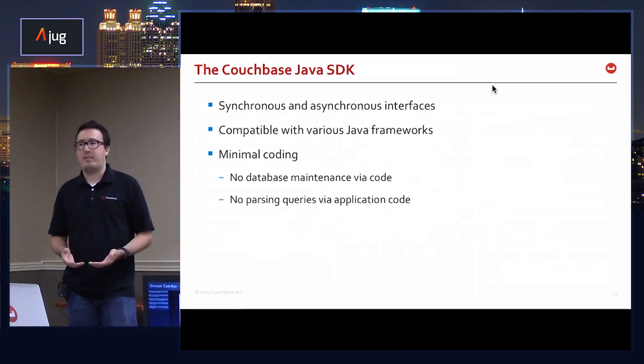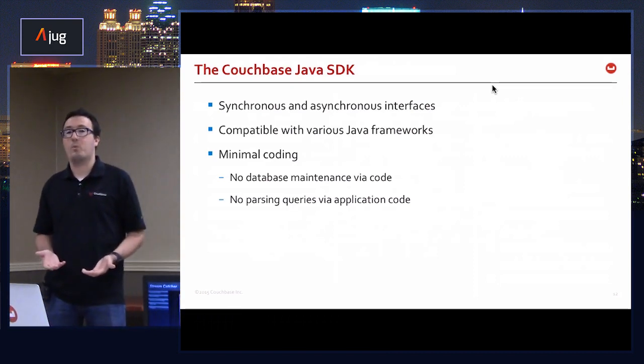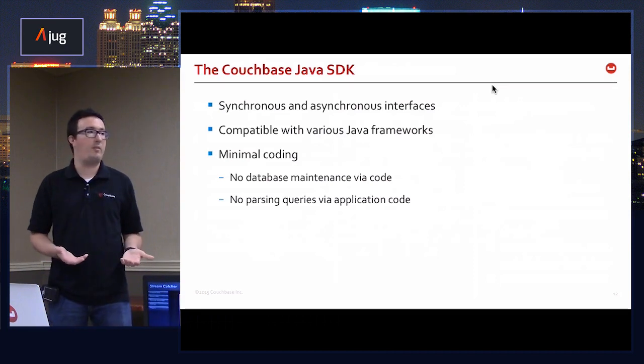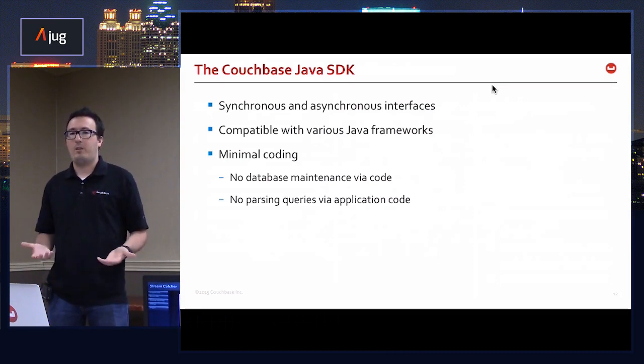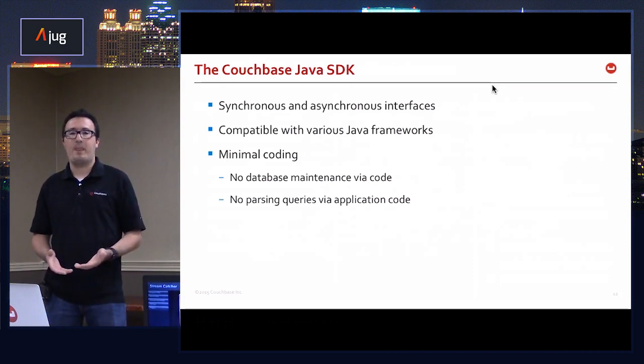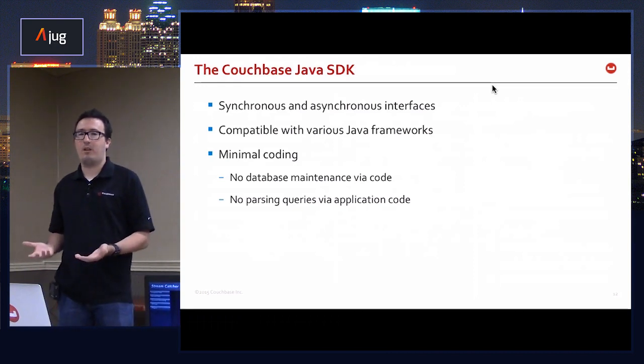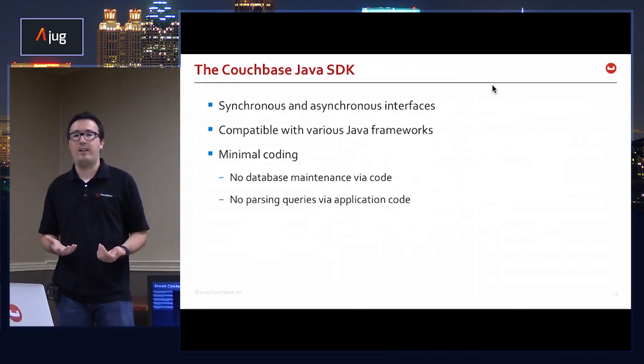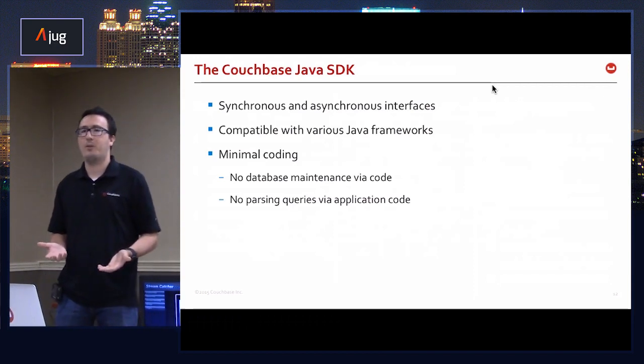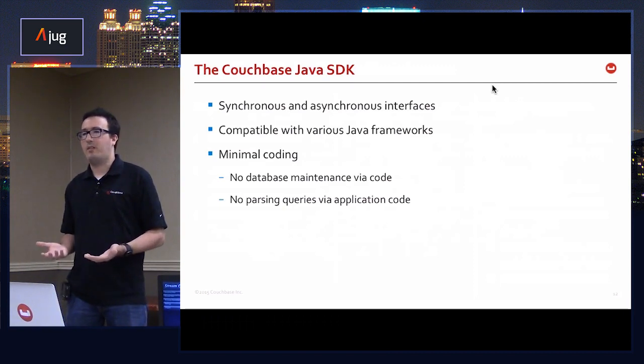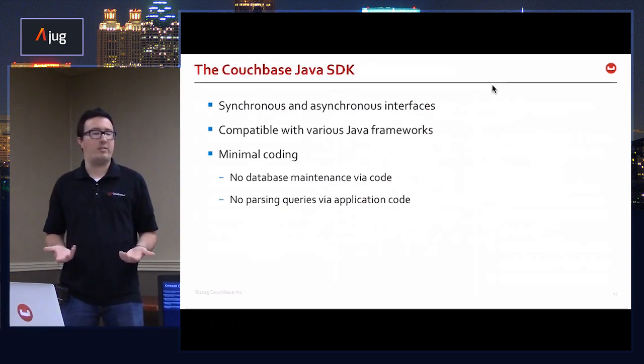The other aspect is there's no parsing your queries application side. I mean, you could if you wanted to, but you could run this SQL-like query, have the server parse all of this data, and return back exactly what you want, which reduces your application code. Nothing new for people who work with a relational database, but if you've ever worked with Mongo and their query language, you end up with a lot of application side parsing.